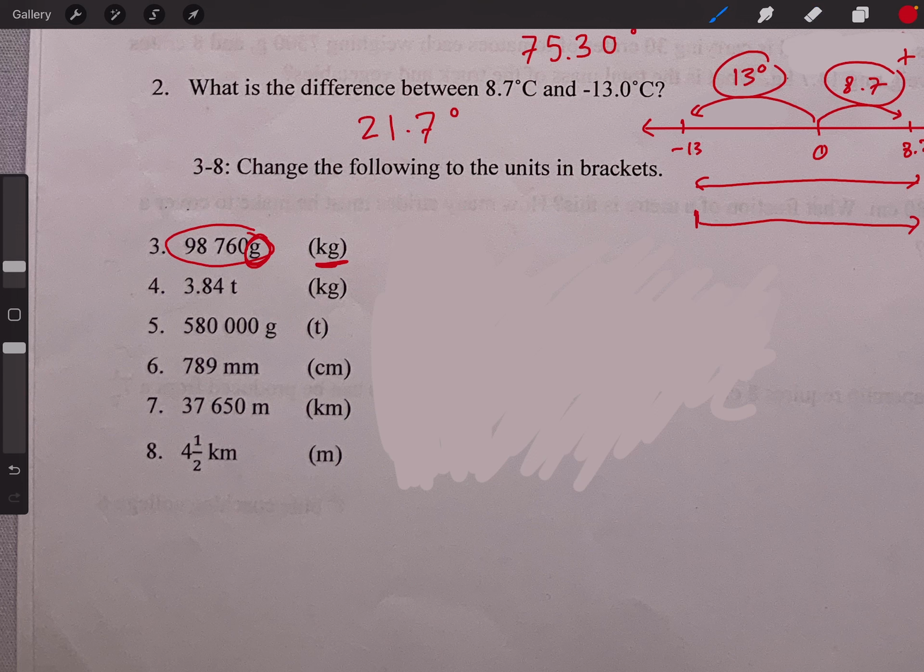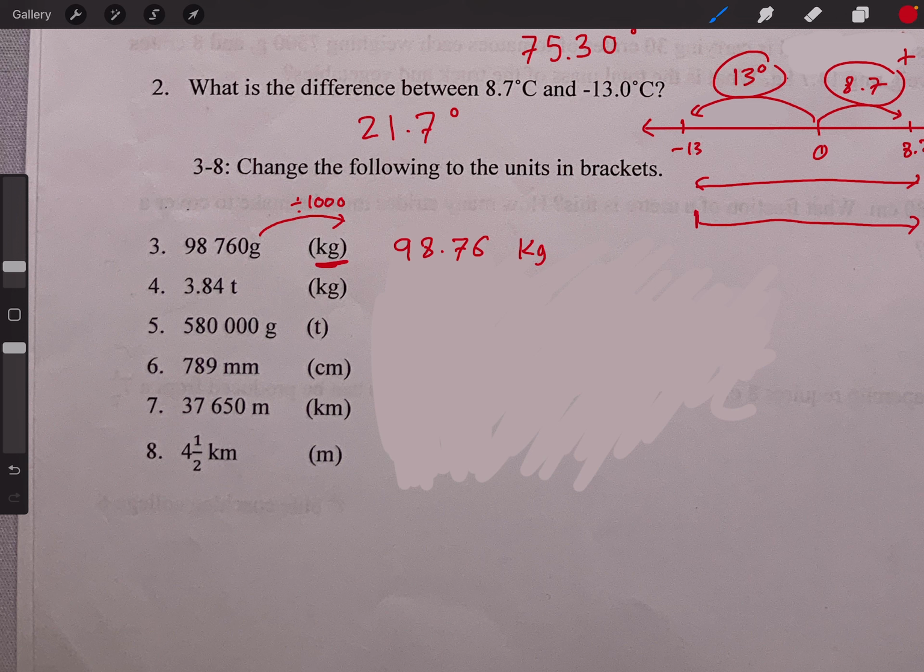So you're taking this number and dividing it by 1,000, and you're going to get 98.76 kilograms.